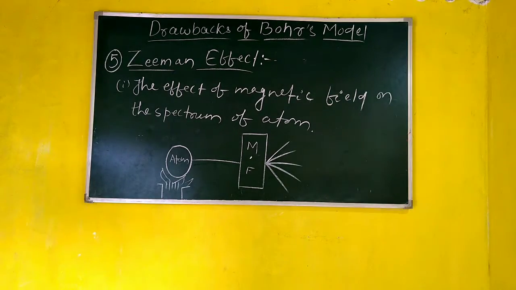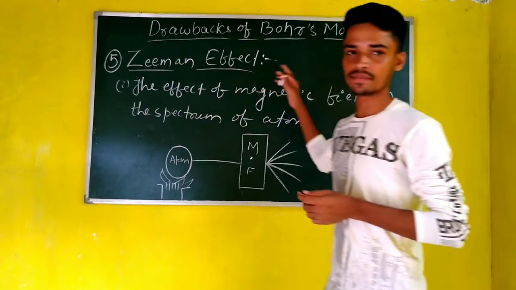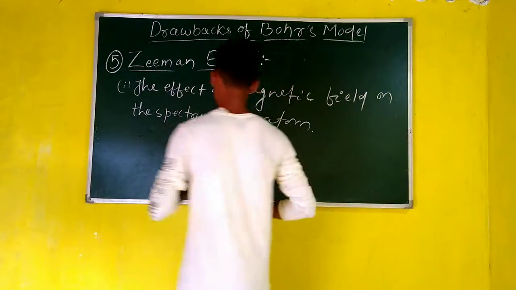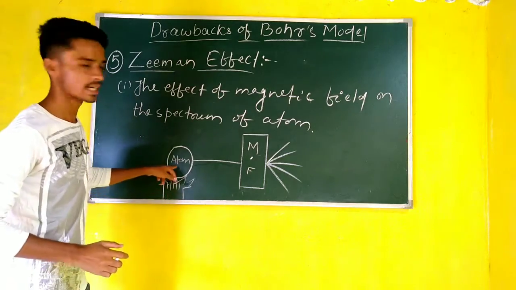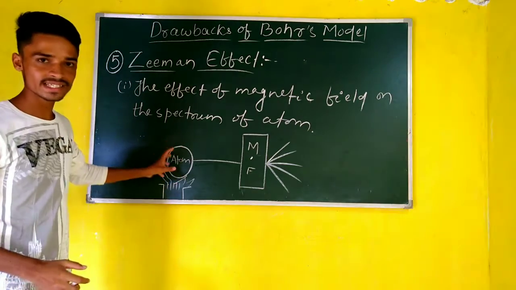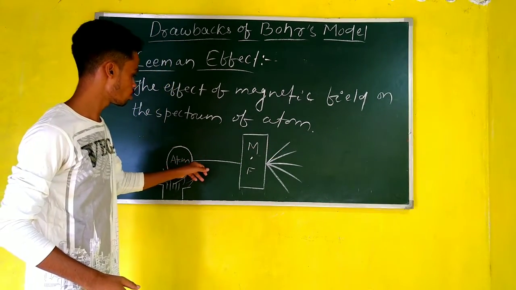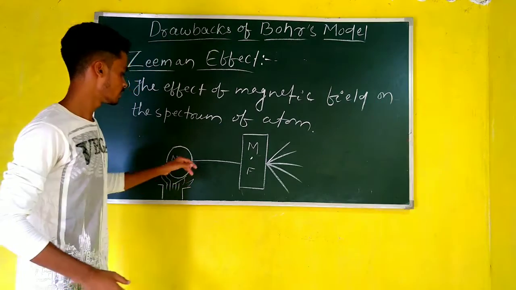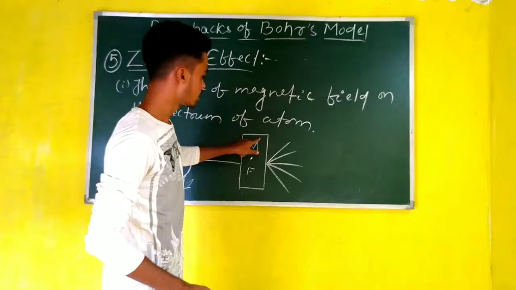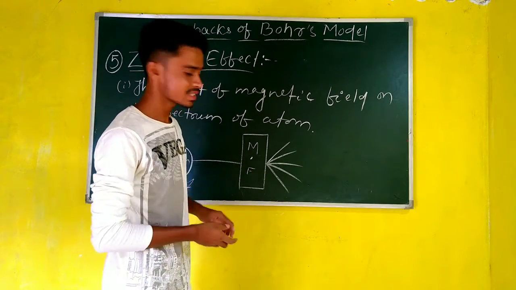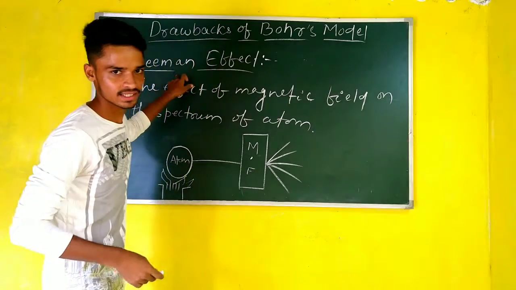Then students, comes drawback number 5: Zeeman effect. Students, this is an atom. If we give some amount of heat to that atom, it emits many kinds of radiation. Suppose this is one radiation. If this one radiation is placed in a magnetic field, then it splits into many fine lines. This is the Zeeman effect.